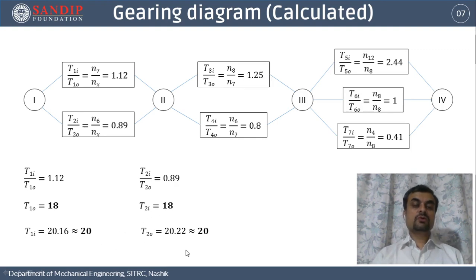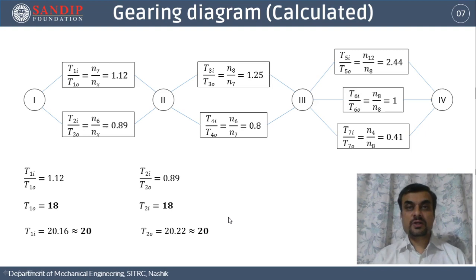which means we have to recalculate it by assuming more number of teeth on the smaller gear. So instead of 18, we will assume now the minimum number of teeth as 20 on T1O as well as T2I, and we will recalculate and recheck whether all the three guidelines are met or not.